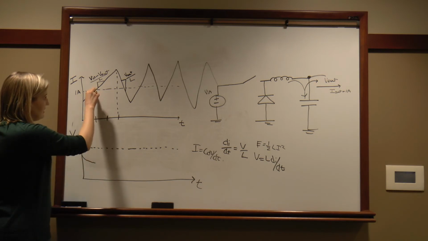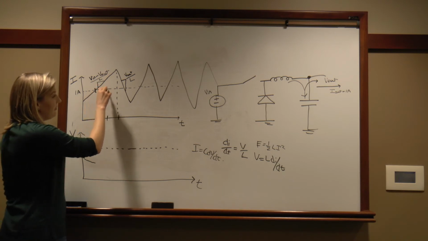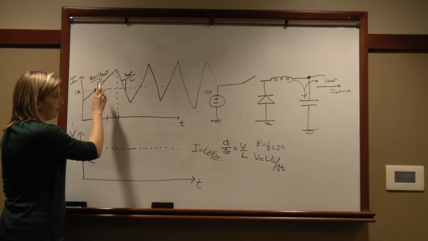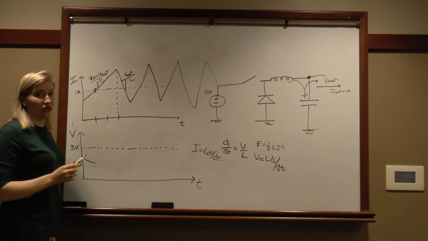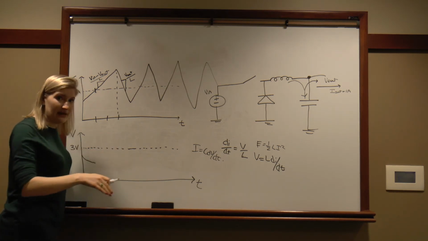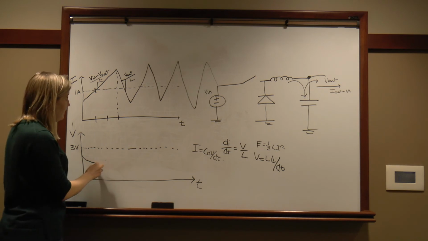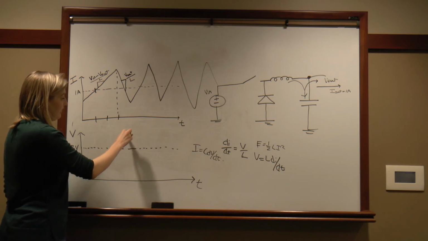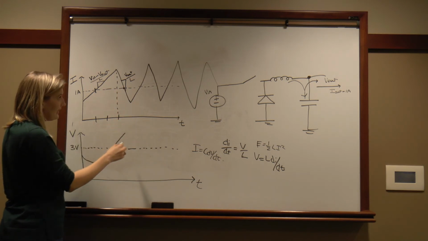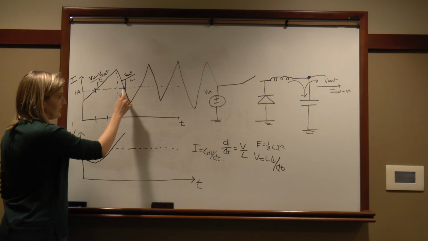But as soon as the inductor current crosses this 1 amp, and it starts to get above, it's more than what we need, the capacitor starts absorbing some of that extra current, and as you put current into the capacitor, the voltage starts increasing. So now we're starting to increase voltage. Keep going. And now we get over to here, and now the capacitor is going to have to help out again.